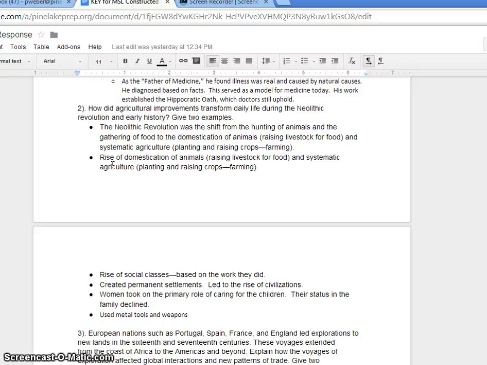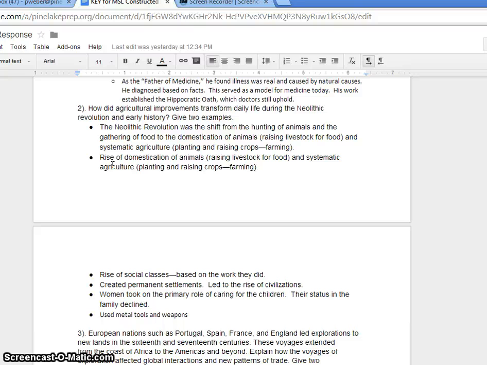And so they were nomads wandering around looking for sources of food. Now, the Neolithic Revolution was a significant change in history when people started to domesticate animals, meaning they raised livestock for food. They no longer had to hunt for the food, they could raise their food.